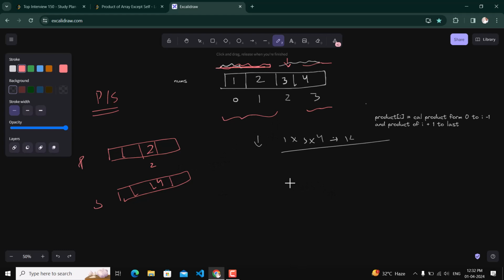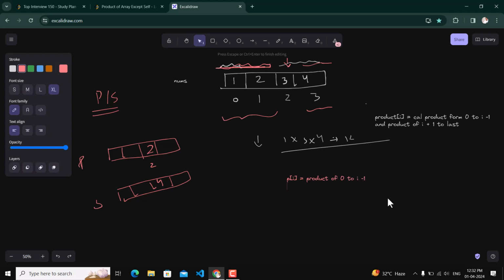So let's say prefix of i will hold the product of 0 to i minus 1, and suffix of i will hold the product of i plus 1 to n.